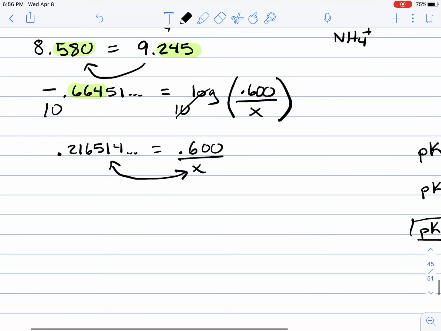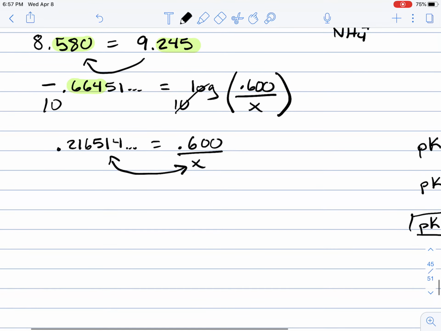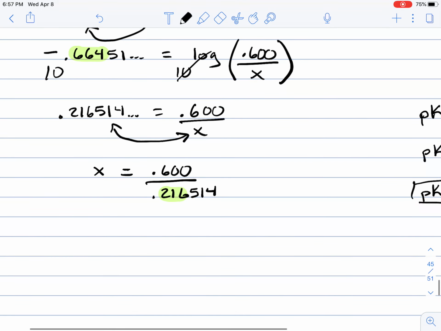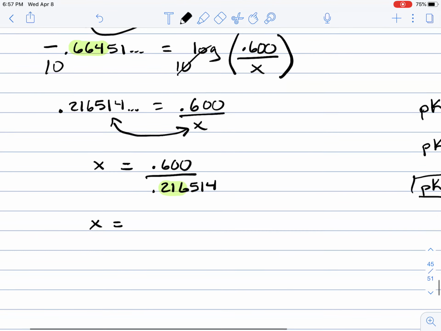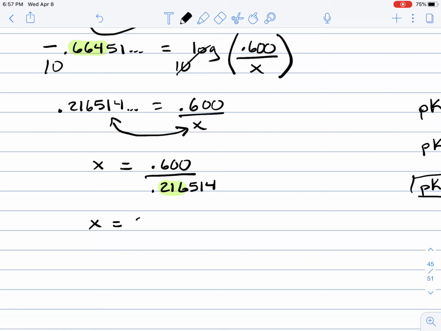So we're going to cross multiply, if you will. And we're going to punch in our calculator 0.60 over 0.216514. Okay. And so when we divide these two, the value that we're going to get is 2.77.